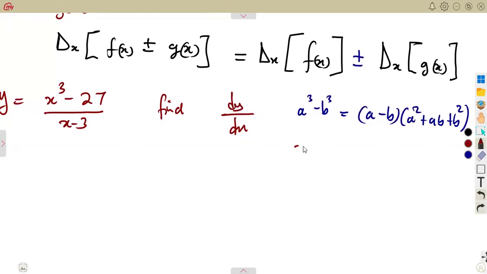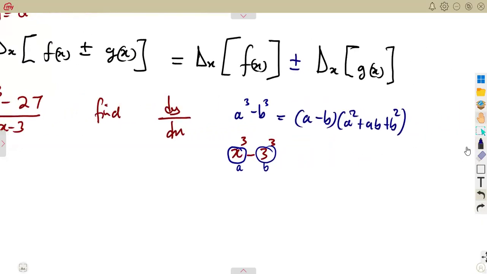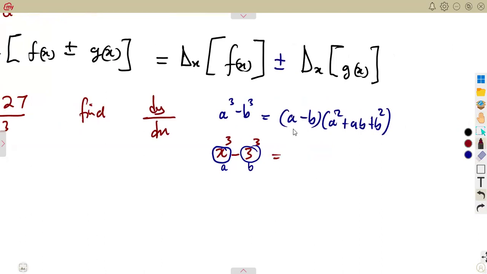This is x cubed minus 27. Remember, 27 is same as 3 cubed, 3 to the exponent of 3. So it simply tells us we have a, we also have b. So that is a and b. So from our formula, we are supposed to have a minus b. A minus b, that's x minus 3. So that's x minus 3 into a squared.